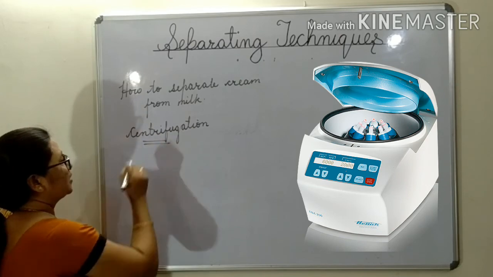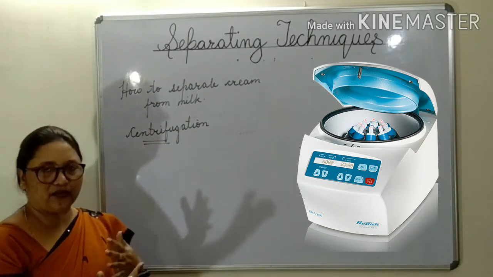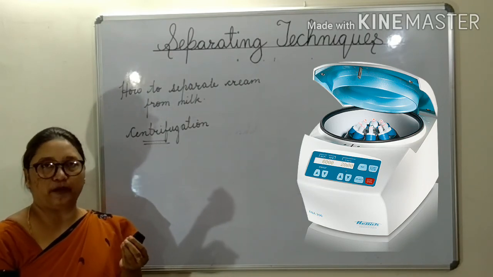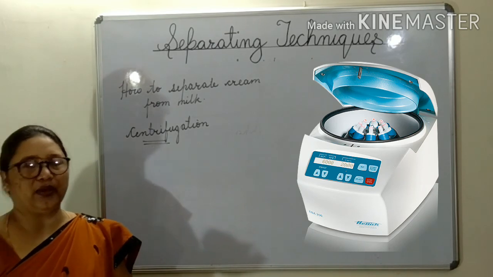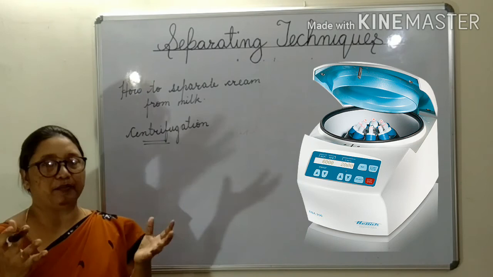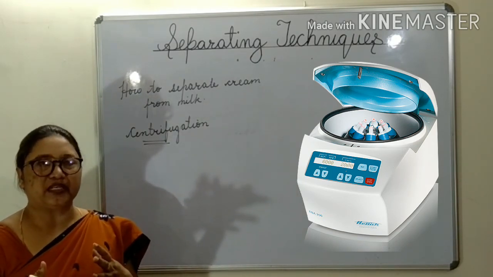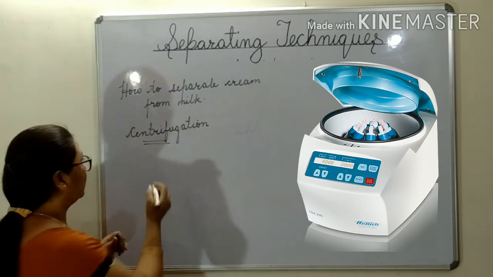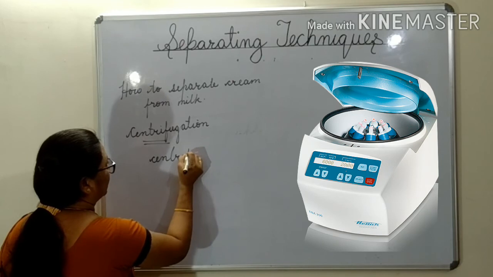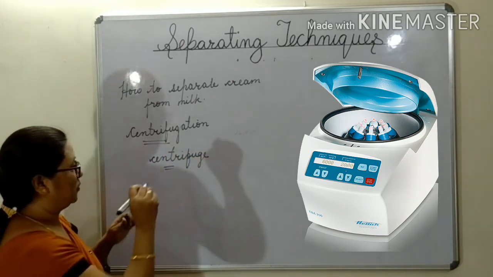In this process, in any liquid where very fine solid particles are present, what happens? The liquid or the mixture is rotated at a very high speed in a machine called a centrifuge.